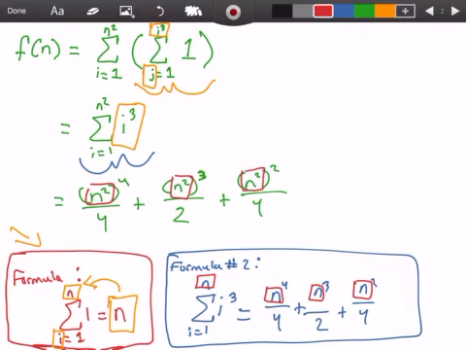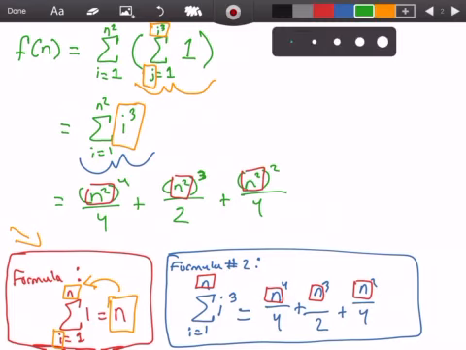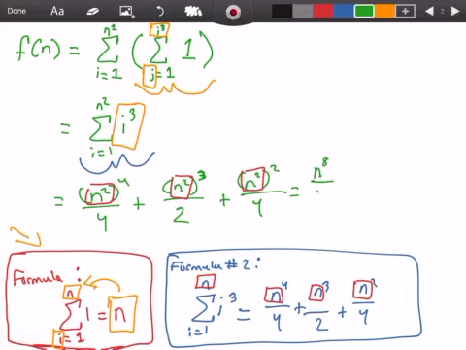So what does this equal? n squared to the power of 4 is just equal to n to the 8th power. So we have n to the 8th divided by 4, plus n squared to the power of 3, which is just n to the 6th, divided by 2, plus n squared to the power of 2, which is just n to the power of 4, divided by 4.